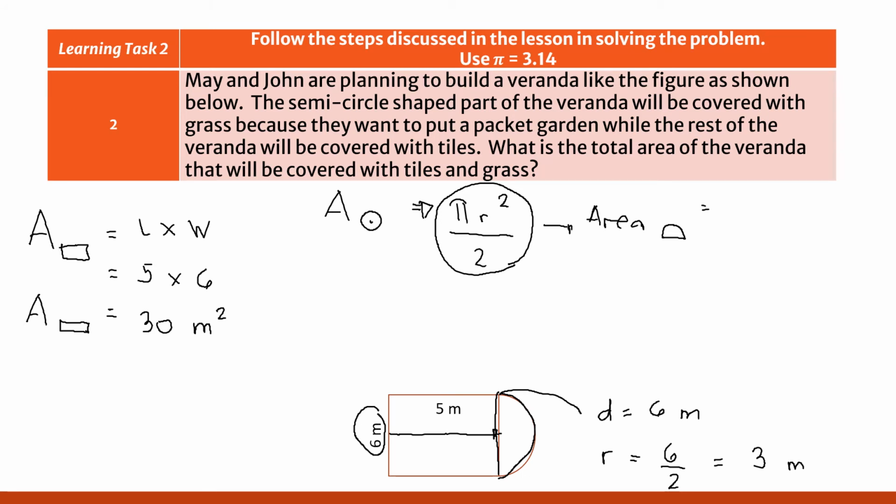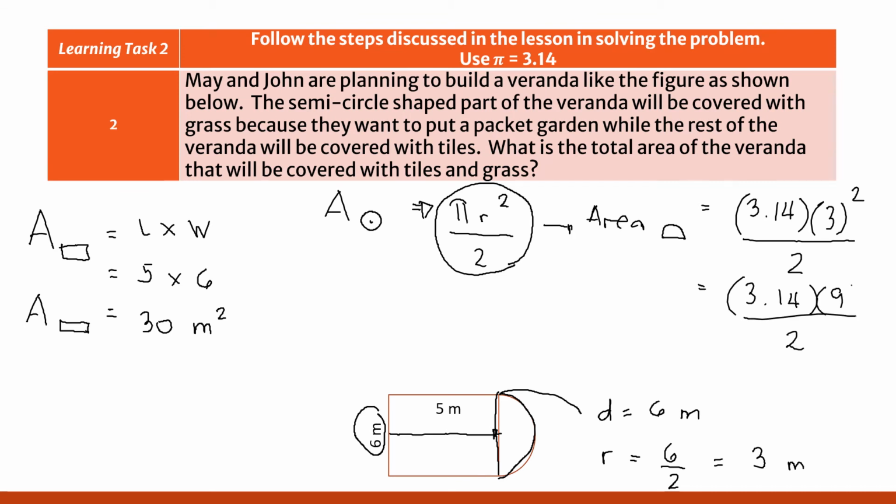Pi is 3.14 times the radius na 3 to the second power, then divided by 2. So, we have 3.14 times 9 divided by 2. In this case, wala tayong pwedeng makancel.